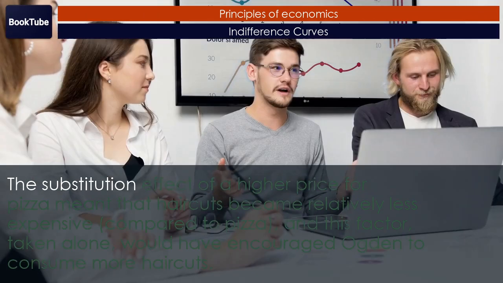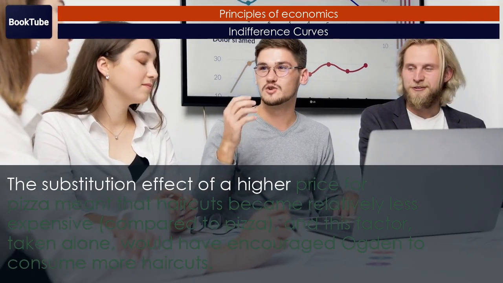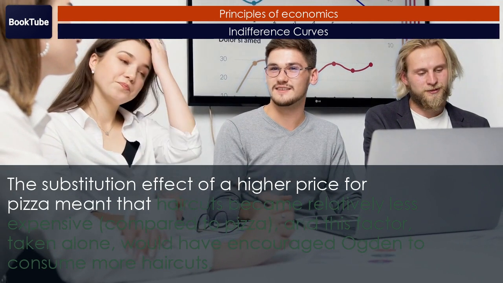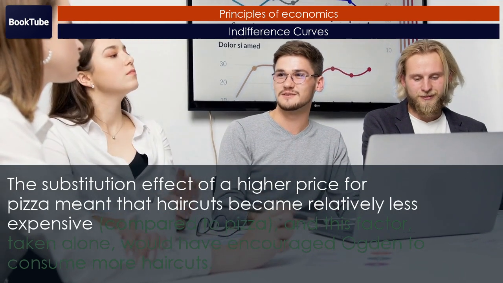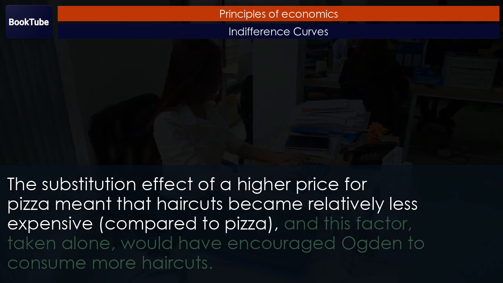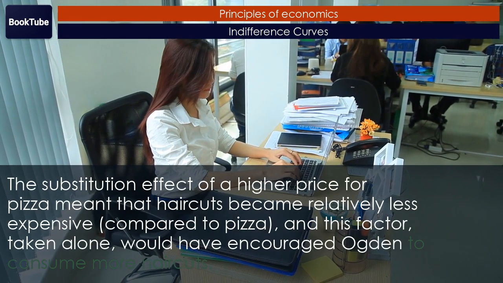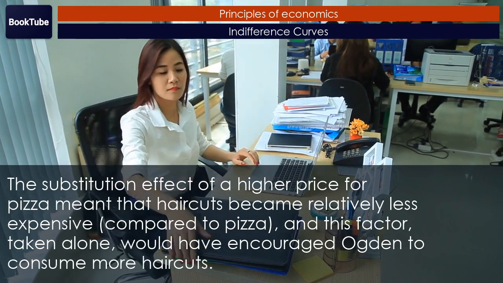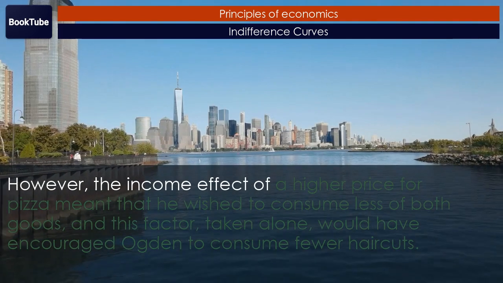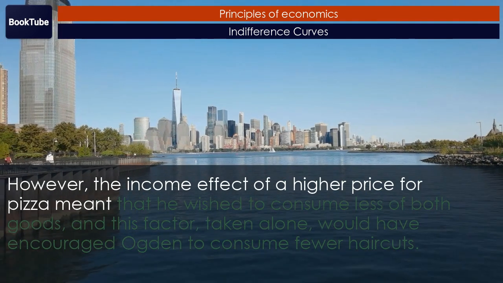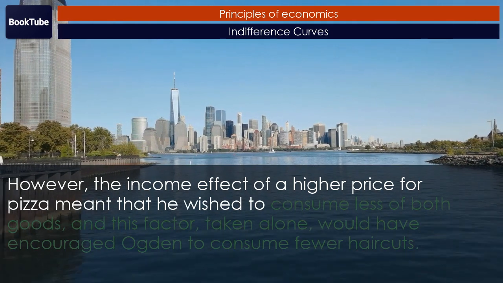However, when the price of pizza increased, Ogden consumed the same quantity of haircuts. The substitution effect of a higher price for pizza meant that haircuts became relatively less expensive compared to pizza, and this factor, taken alone, would have encouraged Ogden to consume more haircuts. However, the income effect of a higher price for pizza meant that he wished to consume less of both goods.